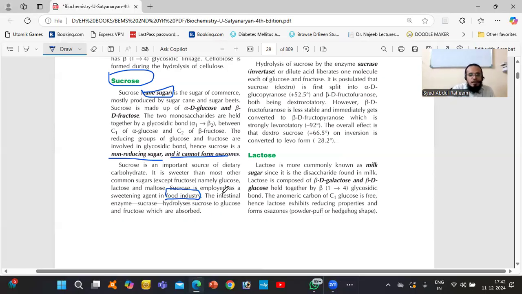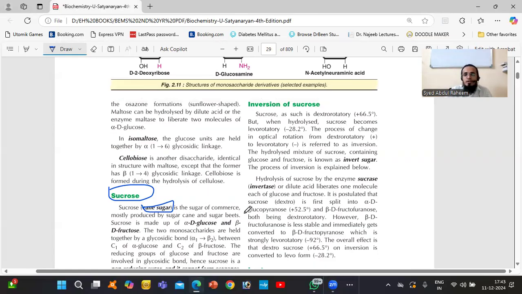Okay, in the intestine, the enzyme sucrase hydrolyzes sucrose to glucose and fructose, which are absorbed. So basically, whenever you take sucrose, what will happen? It will divide. In our body, in the intestine, sucrase is an enzyme which divides sucrose into glucose and fructose. Okay, this is very important.